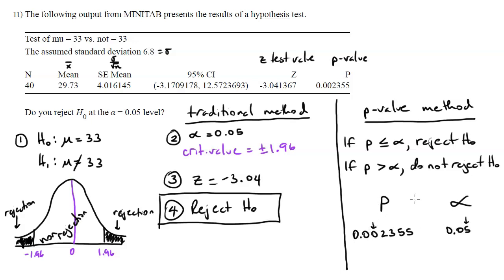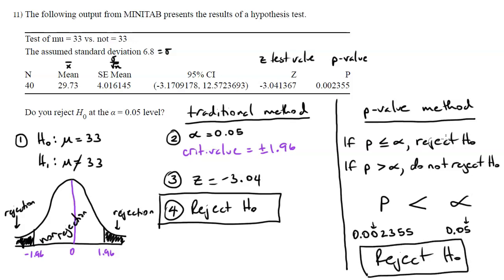So the p-value is definitely less than alpha. And if it's less than or equal to, the decision is reject the null hypothesis. You can use either method. They'll both work. I think the p-value method gets you there quicker, but the traditional method is also important to know as well. Either way, the decision is reject the null hypothesis.